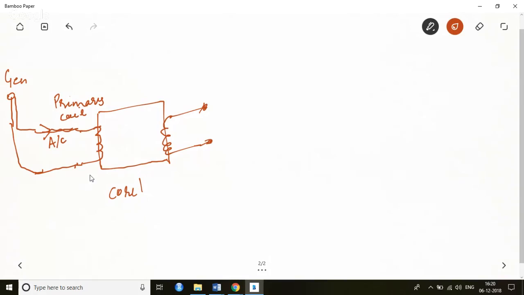So try to understand what happens: whenever this current goes, always remember this is AC current. I have told you that the magnetic field produced due to a current carrying conductor is this.